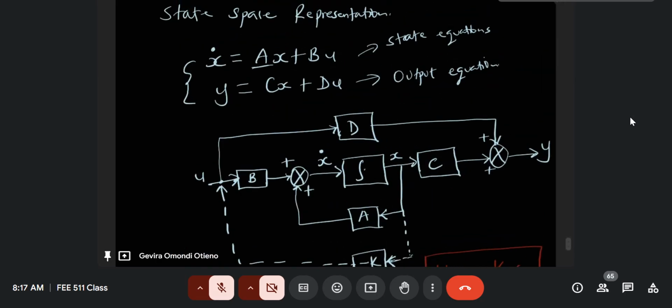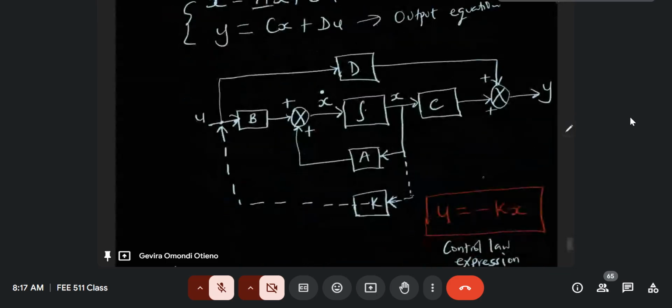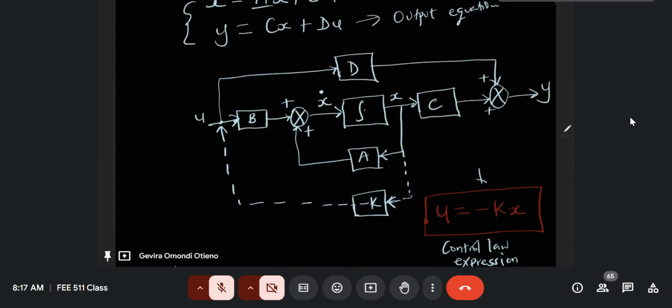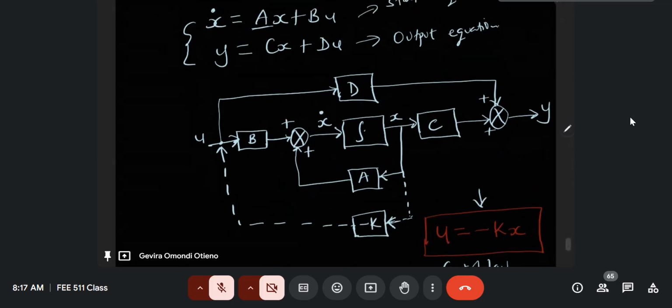Remember, look at the state equation. The derivative of x equals Ax plus Bu. But now we have introduced a different concept in our design. Because we have introduced it, we need to consider it in our state representation. What that simply means is we now need to substitute for the value of u in the state equation.